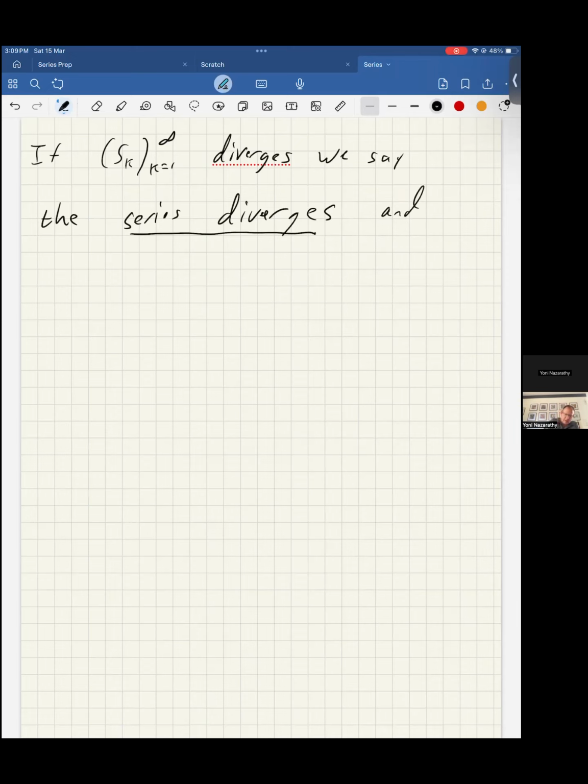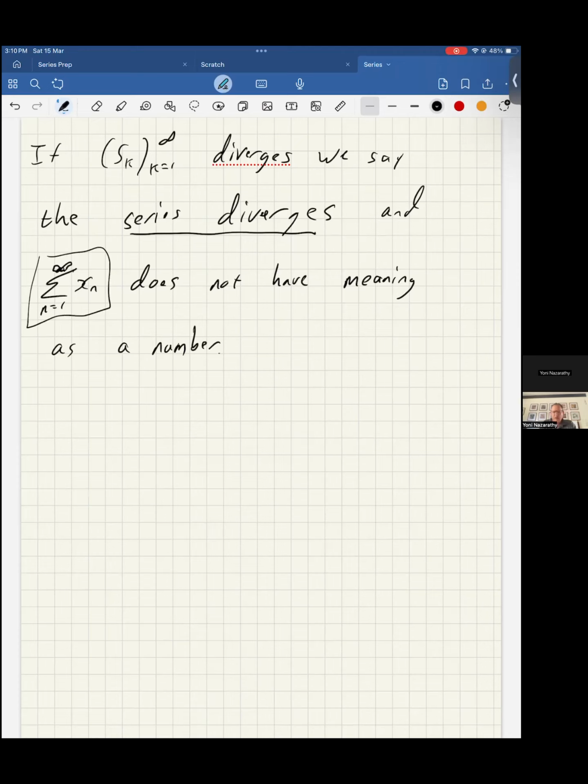And this sum n going 1 to infinity of x_n does not have meaning as a number. Okay, we can still use this notation. It just means that it does not have meaning.